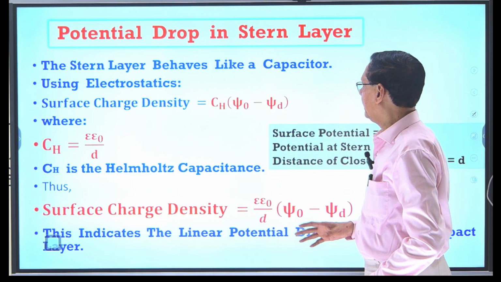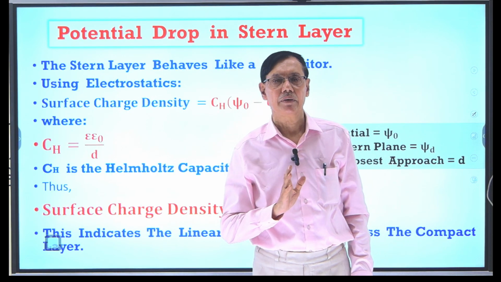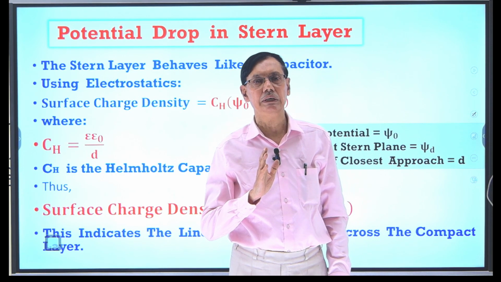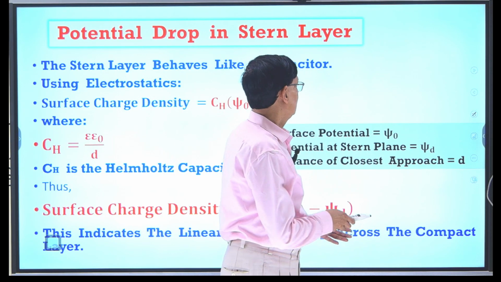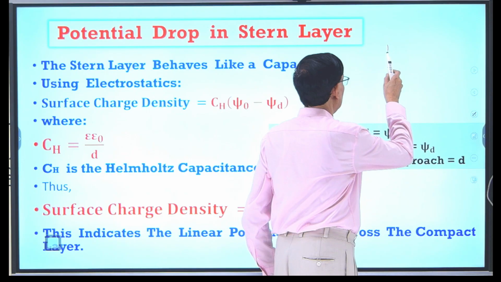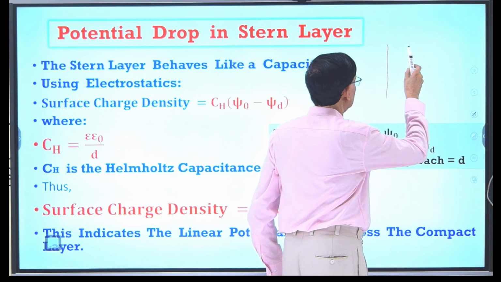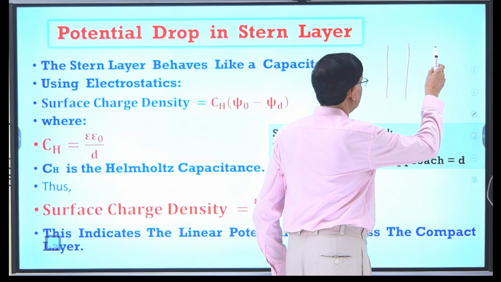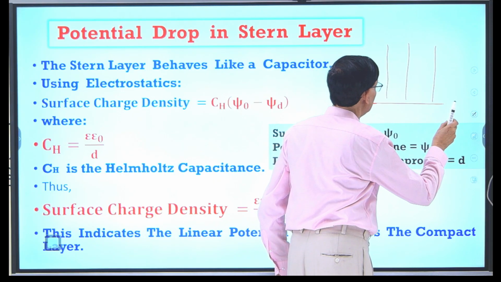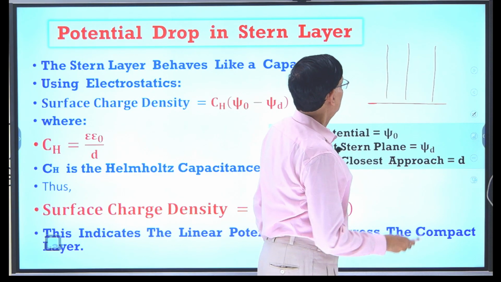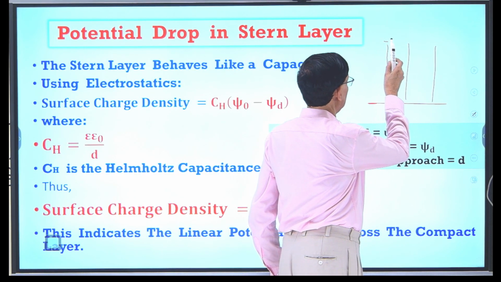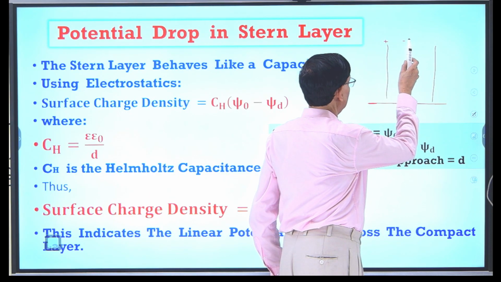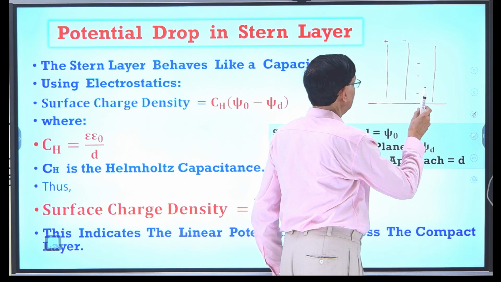So the derivation is very simple, because if you see this graph, just for explanation, it is a metal, then the compact layer, then this is the scattered part.